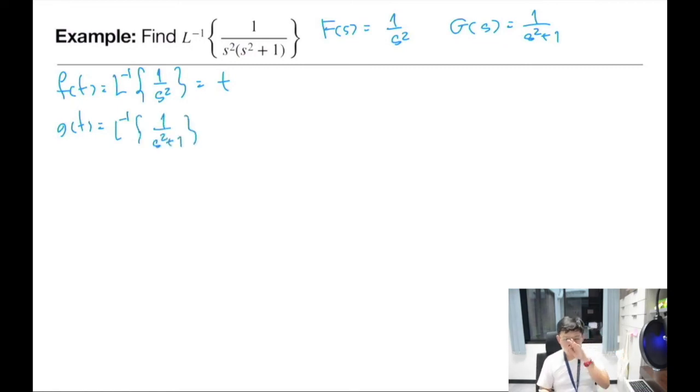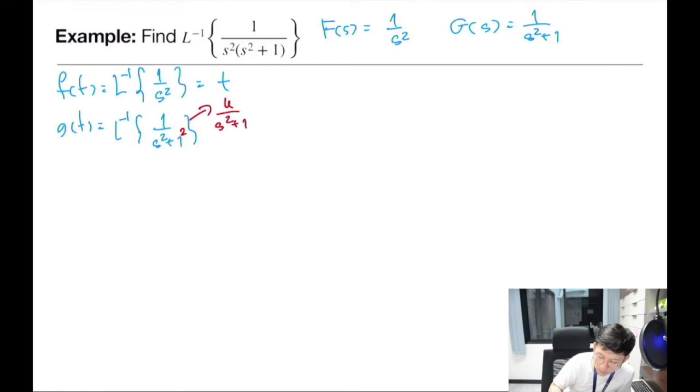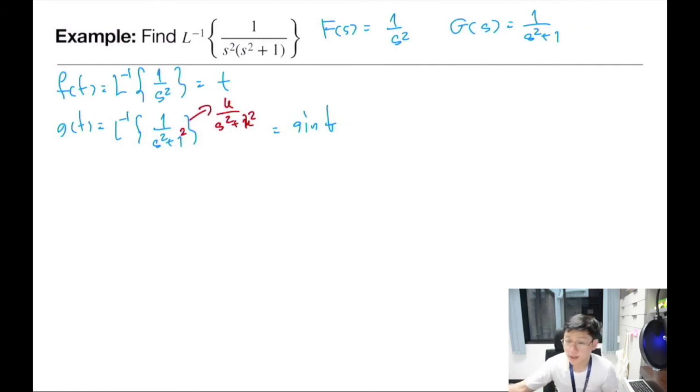Okay, how to do that? You look at it as 1 squared. So that is actually k divided by s squared plus k squared, with k equal to 1. So here it's actually sine t. It's just sine t.